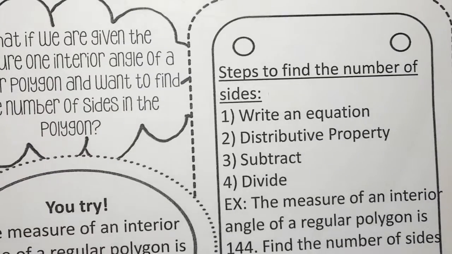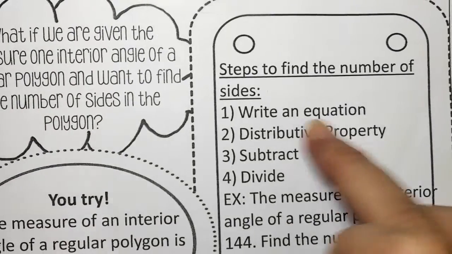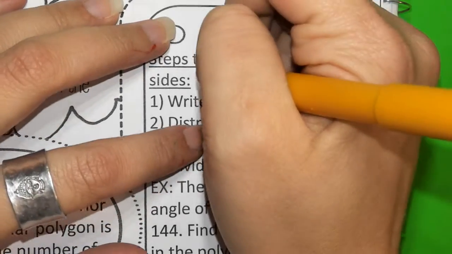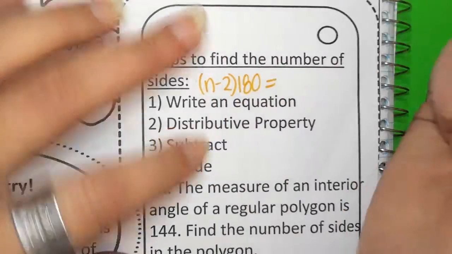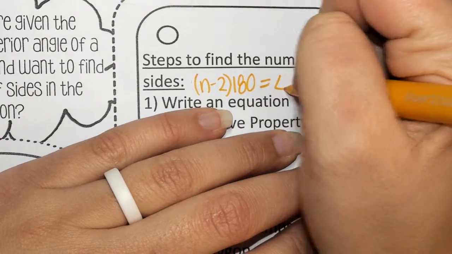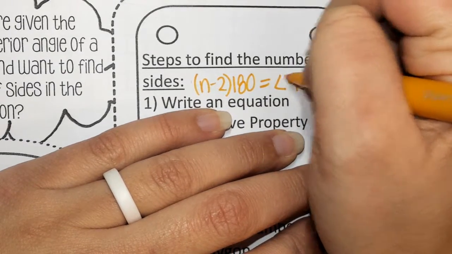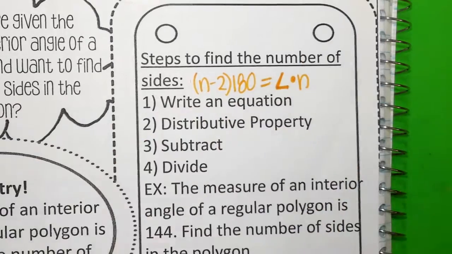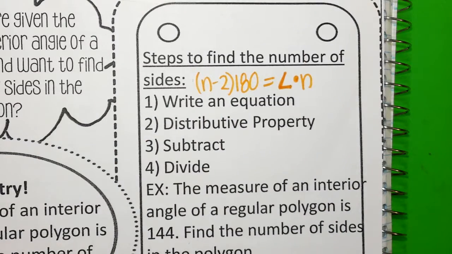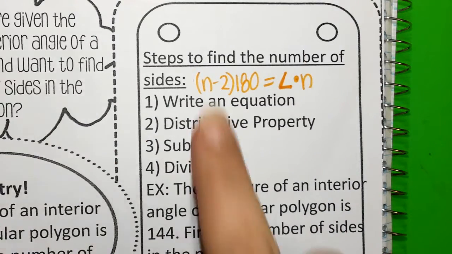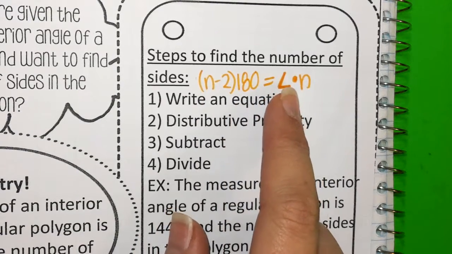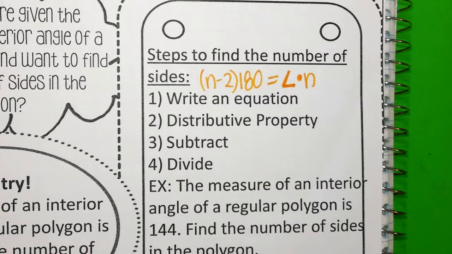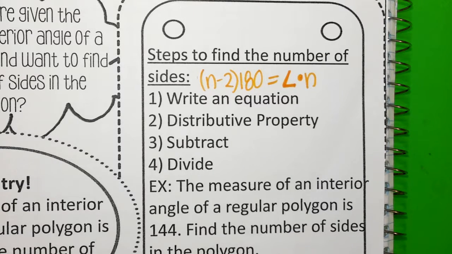So your equation that you're going to use every single time is n minus 2 times 180, and you're going to set that equal to your angle times n. Is everybody ready? We're going to do one together, and then you're going to try one without me, and it's going to be great.